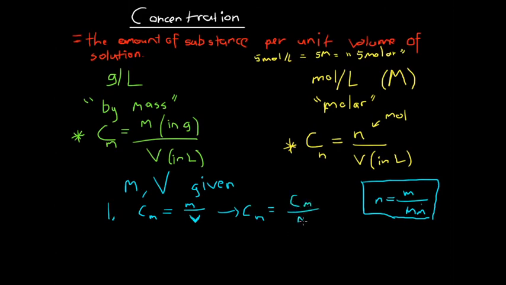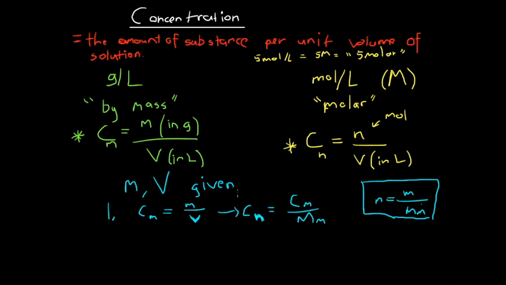It looks a little confusing, but we're going from units of grams per litre, the concentration by mass, to mole per litre, the molar concentration Cn.